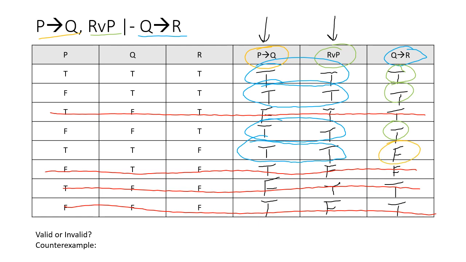So, as I've said before, even though you have more trues than you have falses for the conclusion, even though you have more instances in which all the premises are true and the conclusion is true, it only takes one instance in which all the premises are true and the conclusion is false to make it invalid. So this one row is enough to make it invalid.